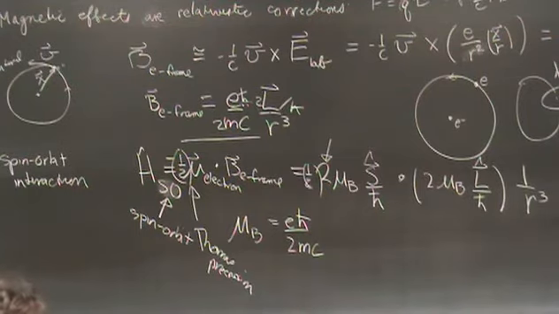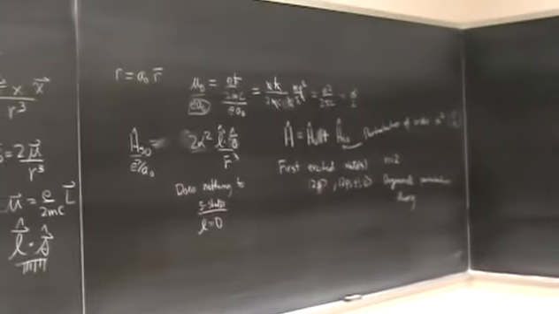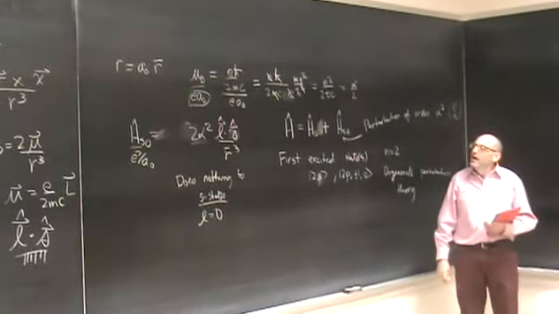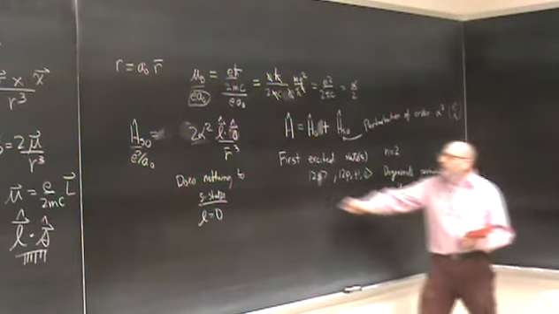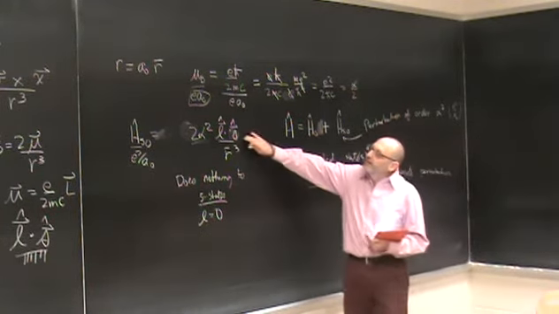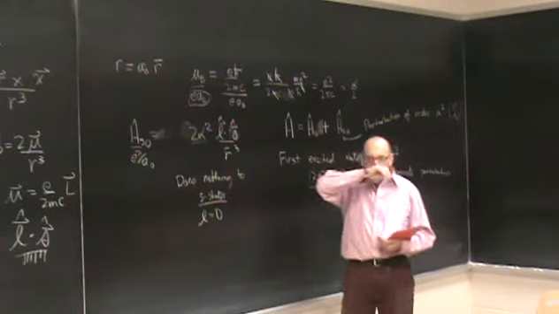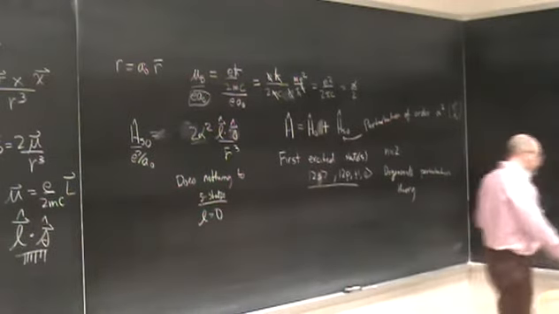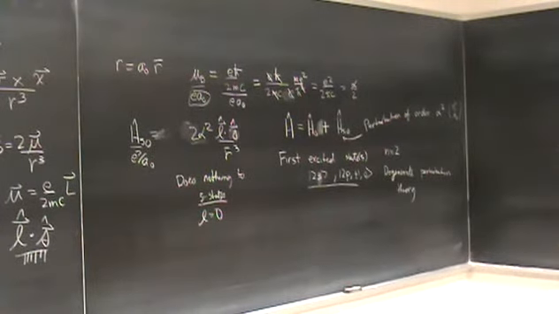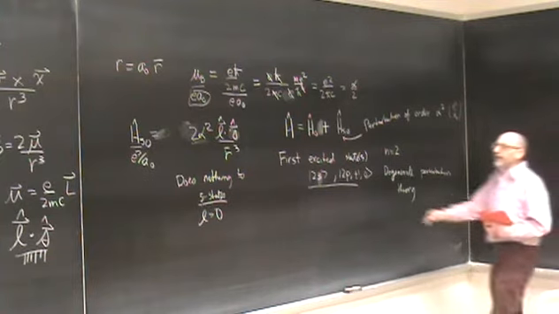Okay? That's coming from the non-inertial transformation. All right, so now we have the correct spin-orbit coupling to lowest order in alpha, and we have to now diagonalize this.